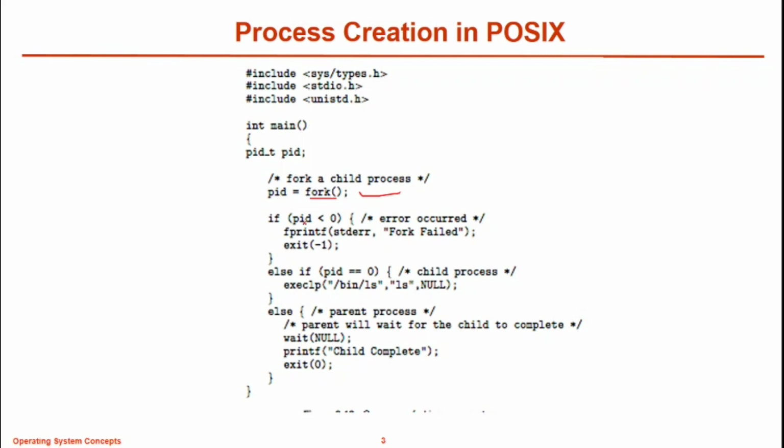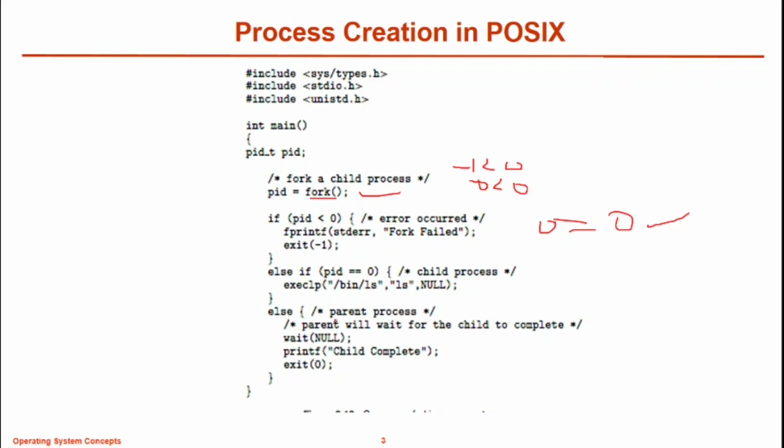If PID is less than 0, for example -1, then fork failed to create a child process, so exit 1. Else if PID is equal to 0, then the child process has been created, and then it executes the command.